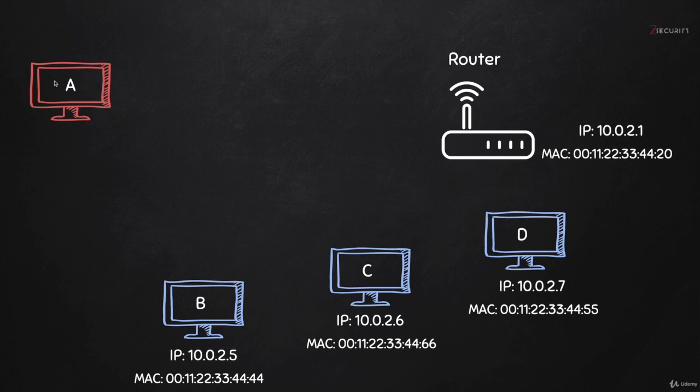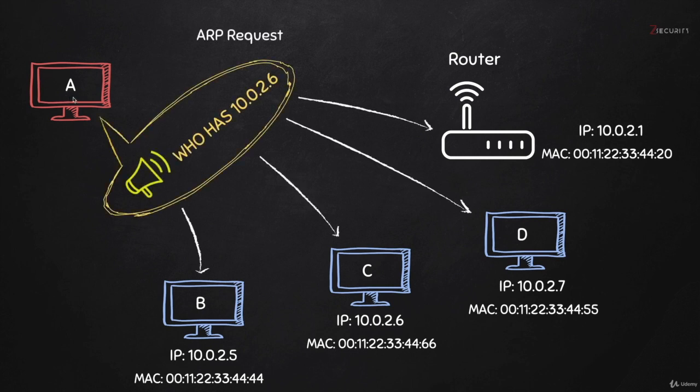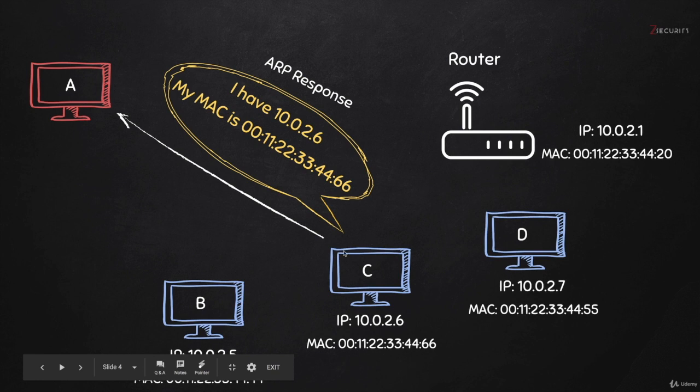So what this client does, it uses the ARP protocol. What do I mean by that? Basically, it sends a broadcast message. So it sends an ARP request to all the clients on the network saying, who has 10.0.2.6? Now, all of these devices will ignore this packet except the one that has this IP address, which is device C. So all devices will not do anything, and the only device that will respond is device C, sending an ARP response.